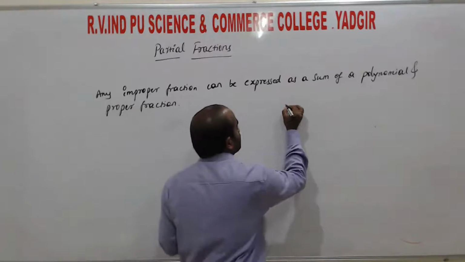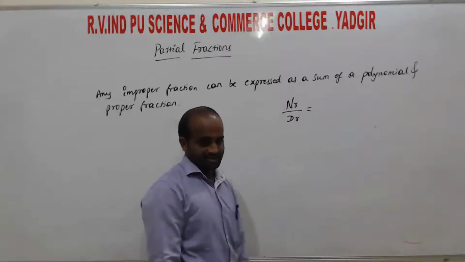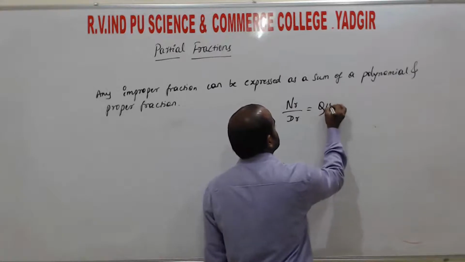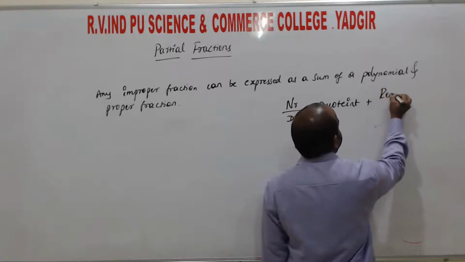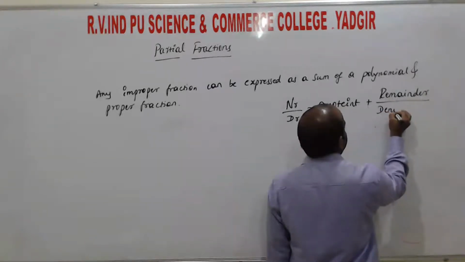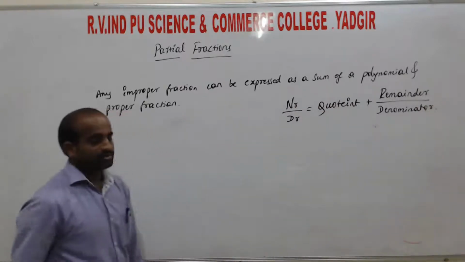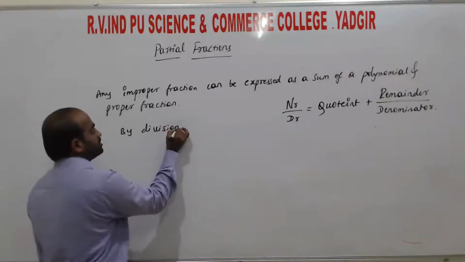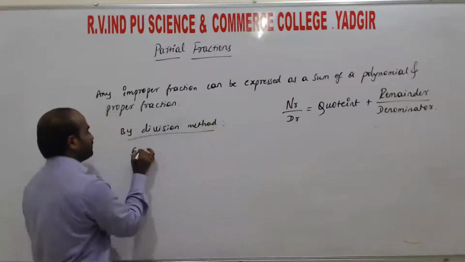Now, the condition is numerator by denominator, f of x by g of x, equals quotient plus remainder divided by denominator, using the long division method.